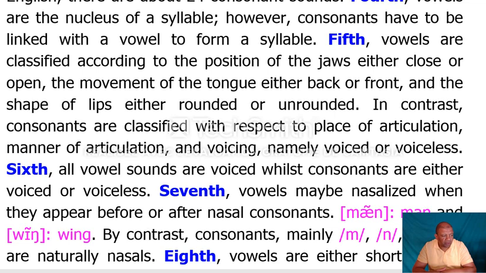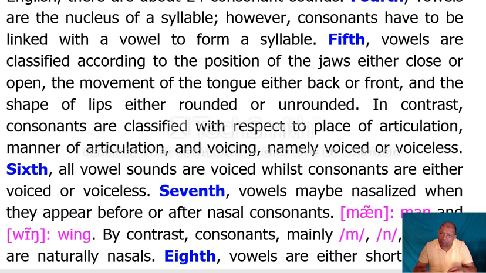6th, all vowels are voiced. But concerning consonants, they may be voiced and they may be voiceless. When you take a sound which is voiced, there is its counterpart which is voiceless. Let me give you an example.